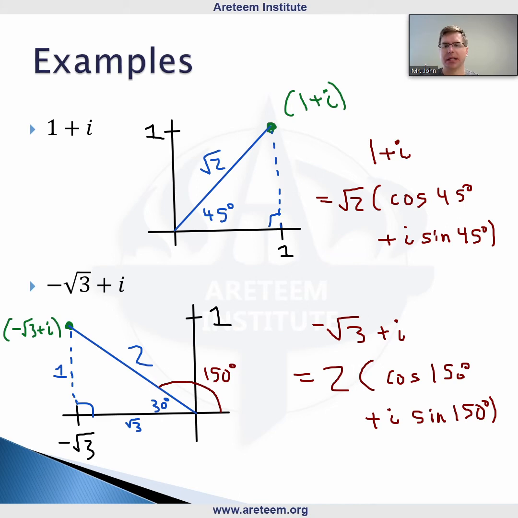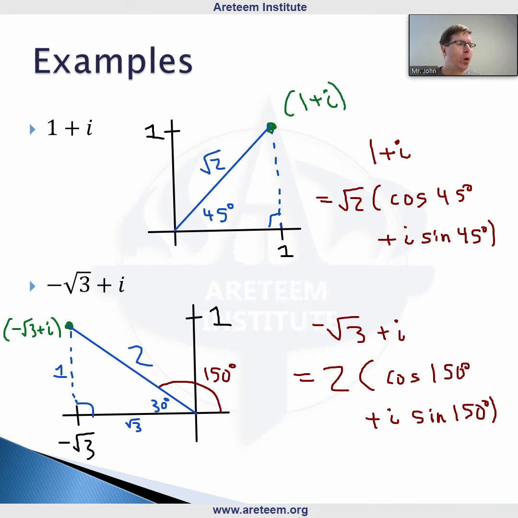So we have some examples of 1 plus i. This is then square root of 2 times cosine of 45 plus i sine of 45. Negative square root of 3 plus i, this becomes 2 times cosine of 150 plus i sine of 150 there as well. As always, we want to make sure that our angles match in this case.